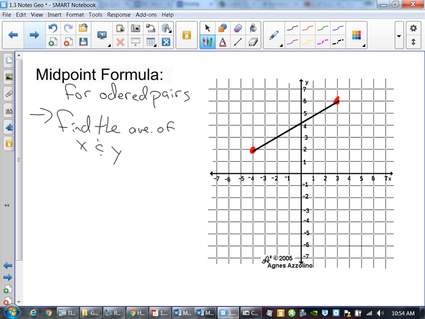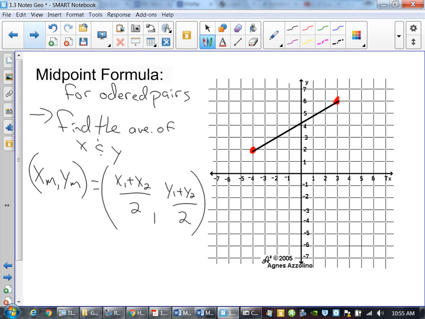So here's what happens. This midpoint, that's why I used the little m, x midpoint, y midpoint, the coordinate value, is always going to be equal to the two x values added together and divided by 2, and the two y values added together and divided by 2.